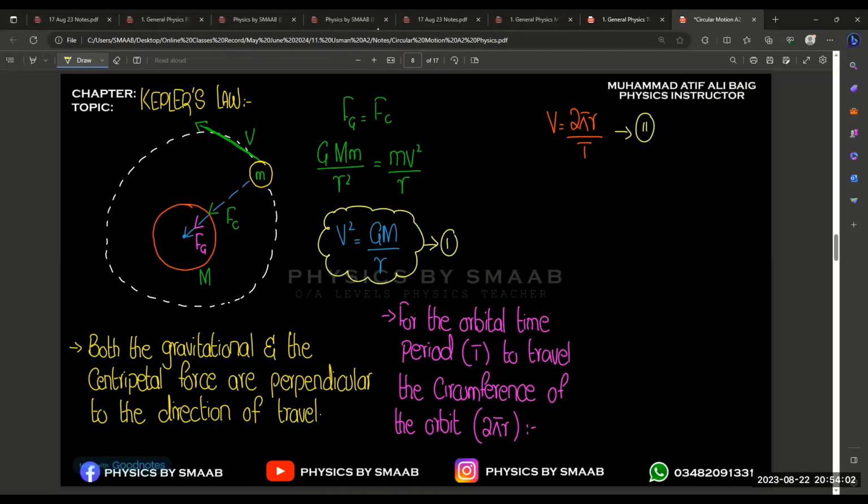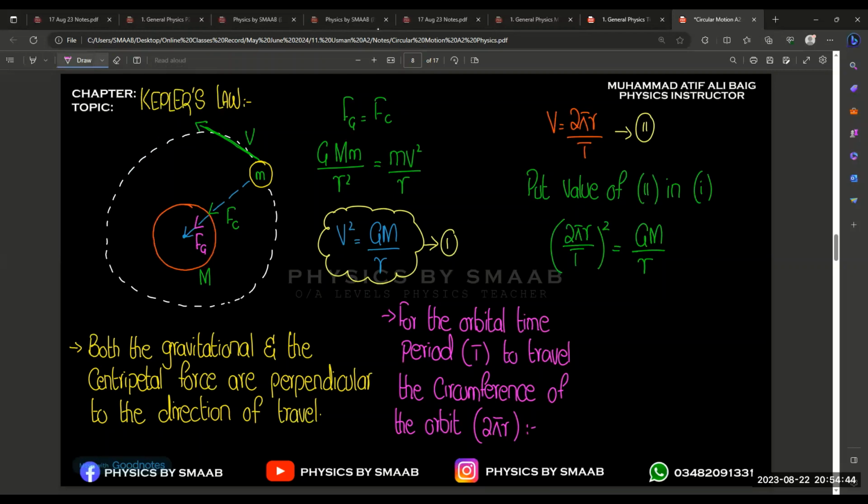So we get 2 pi r over t, the whole square, equals GM over r. Because we are now interested in the time period, not in the speed, we replace the value of speed.